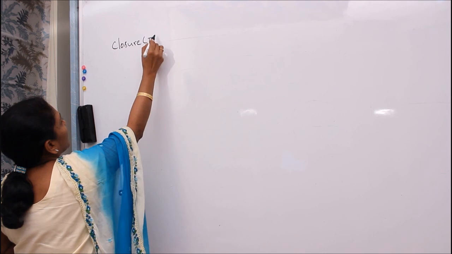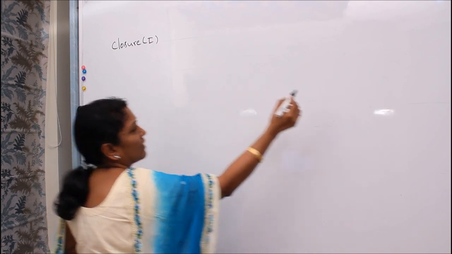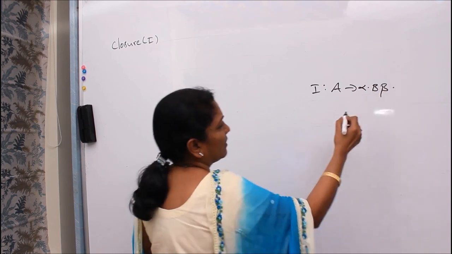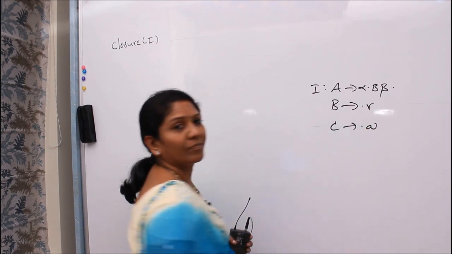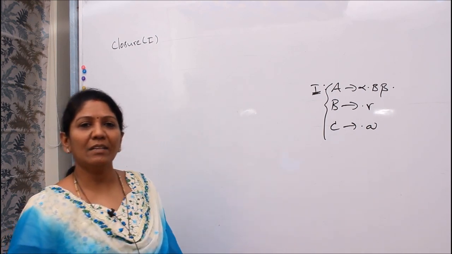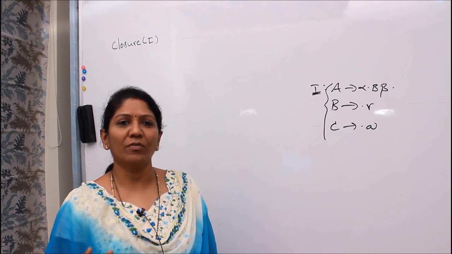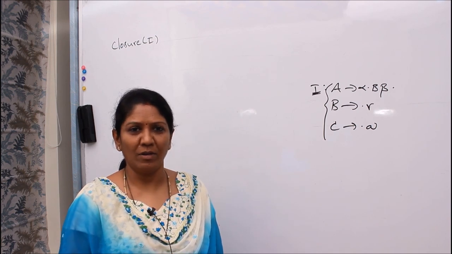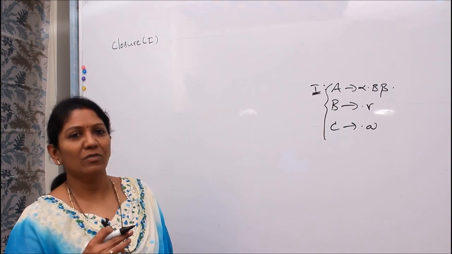The input for the function closure is I. I is nothing but a set of items, something like A → α.Bβ, B → .γ, C → .A. Given a set of LR0 items as input, the closure function gives output also as a set of LR0 items. Let us see how this function is defined.